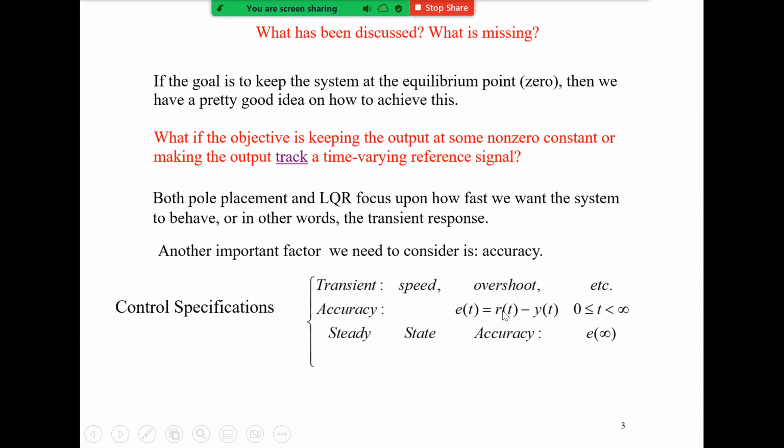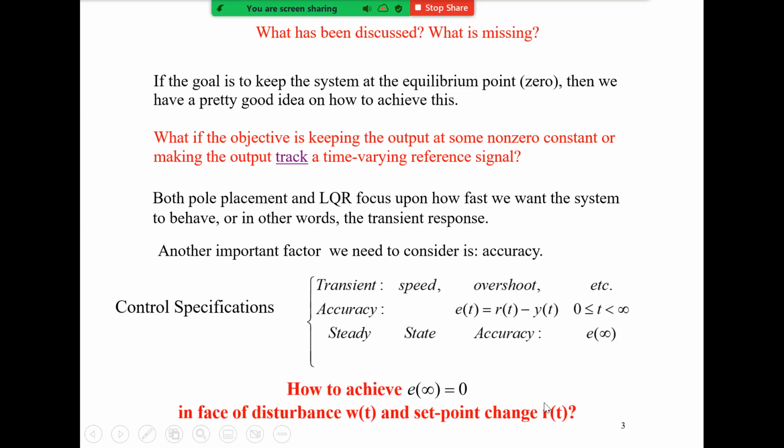So R is the reference output. Then you take the difference between the desired output R and the actual output. That's what we call the output error, E. This is the measure of the accuracy, and what we can achieve is what we want to see.